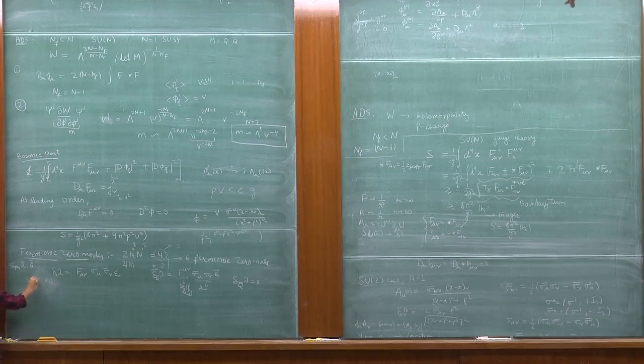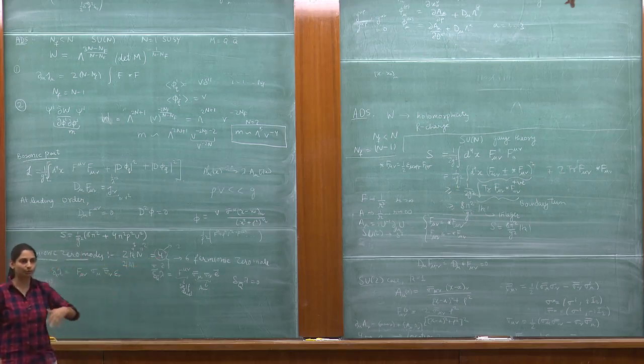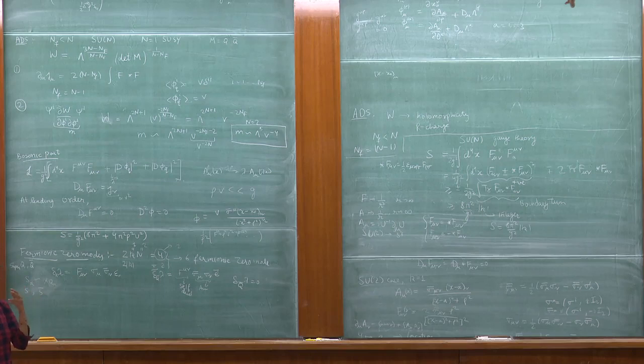So since Q is broken, the S corresponding to it will also be broken. So there are 2 S which will be broken. So actually, all 4 of these can be thought of as Goldstinos corresponding to broken symmetries: 2 corresponding to breaking of supersymmetry and 2 corresponding to breaking of the superconformal charge S.